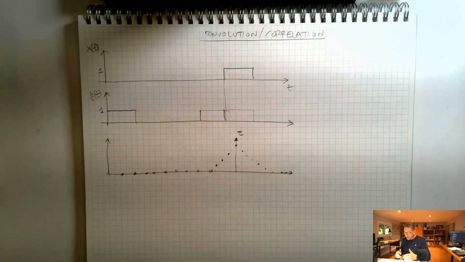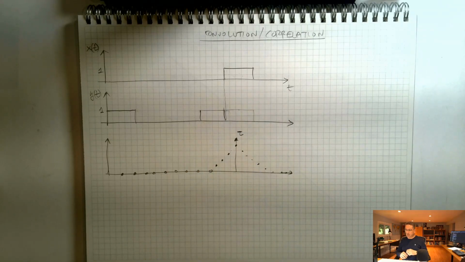I'm correlating x of t and y of t, and this correlation operation is able to retrieve for me, in this simple single-dimensional space, the location of x of t. And this is exactly what is being done in a two-dimensional and three-dimensional space inside a convolutional neural network.